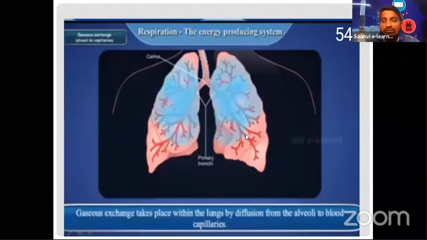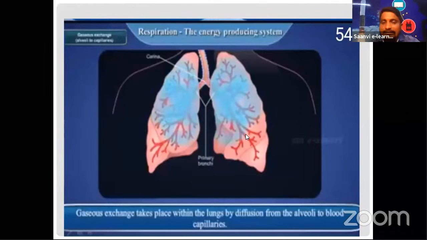So what is diffusion, sir? Diffusion is a movement of air from an area of high concentration to an area of low concentration. So gases exchange takes place within the lungs by diffusion from the alveoli to blood capillaries.